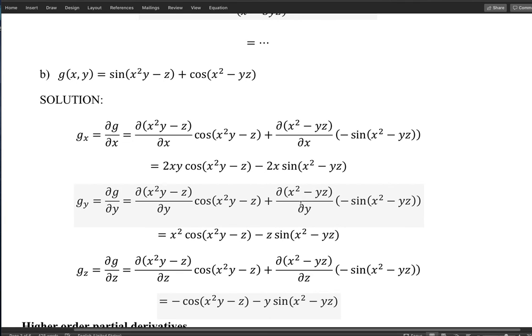Partial derivative with respect to y for the expression here. Okay, x squared is 0, and minus yz with respect to y, so that's minus z. With respect to y, that's minus z, I believe. Minus z. So finally, I got the partial derivative with respect to y together over here.